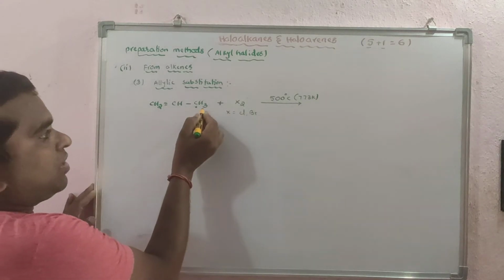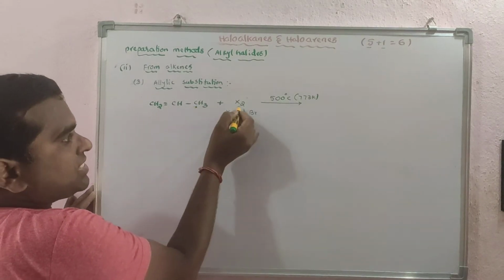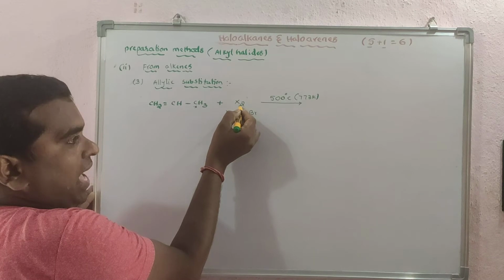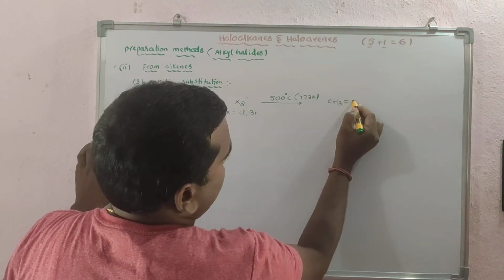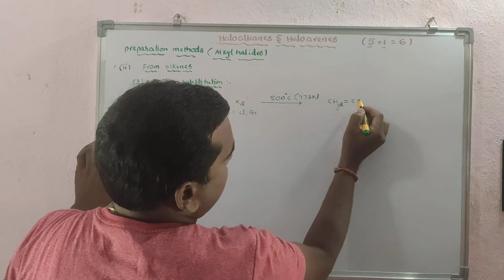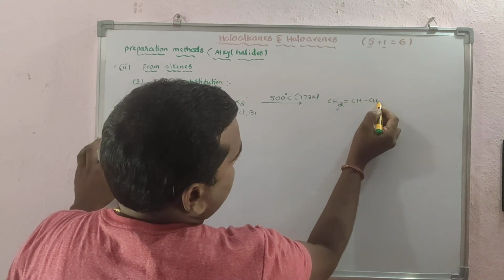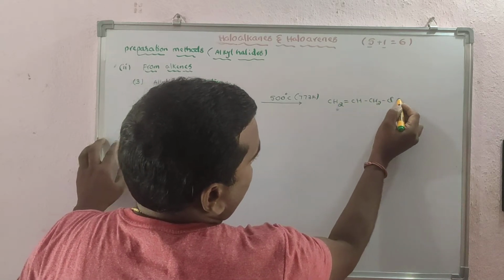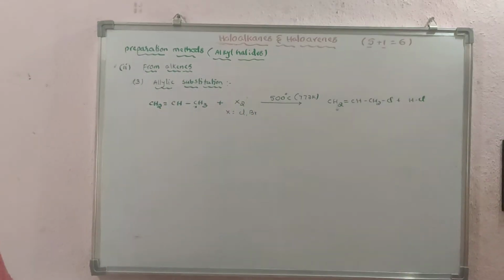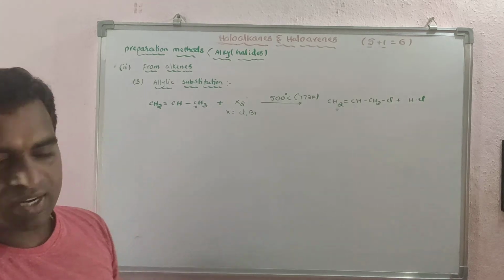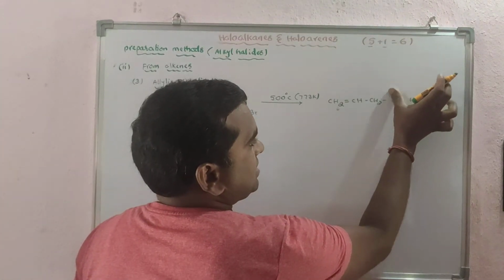Now the hydrogen of the allylic carbon is substituted by the halogen atom. Means you will get the compound CH2 double bond CH CH2Cl plus HCl. This we will call allylic substitution, and you can write here X.